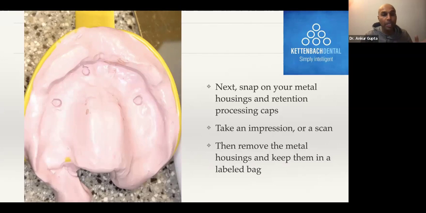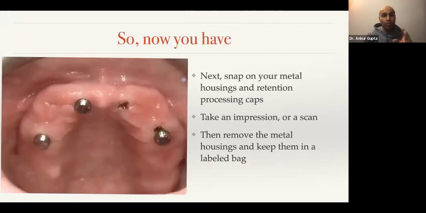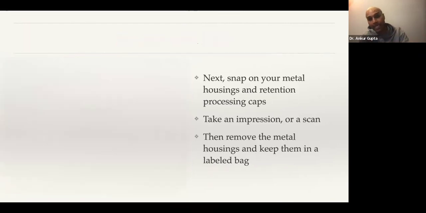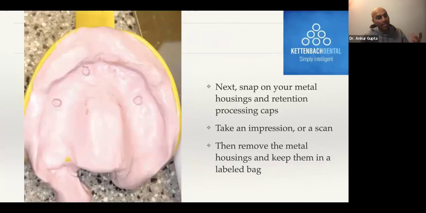Put that responsibility on your lab's shoulders. By you putting the metal housings in and then taking the impression, the lab now knows how much room they need to block out when they fabricate the framework, the record base for your denture.